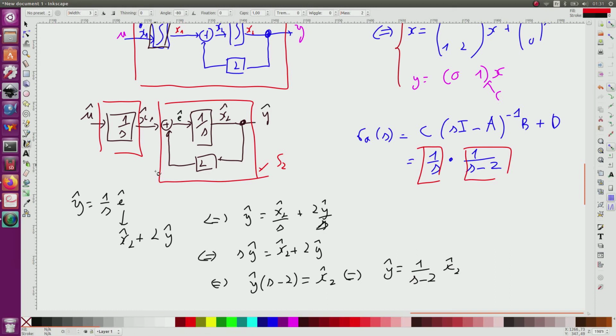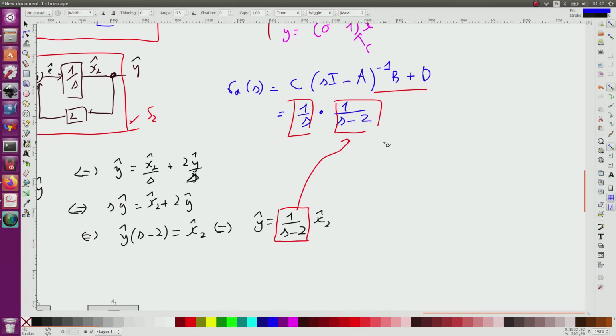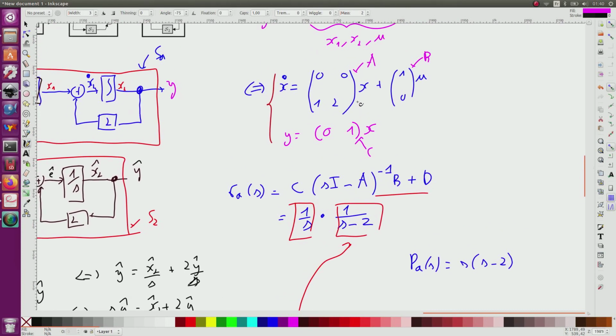So the transfer function associated to this is this one. Since they are in series, I immediately get this product. The characteristic polynomial is the denominator of the transfer function, so I have PA of s equal s times s minus 2. And it is also the characteristic polynomial of the matrix A.